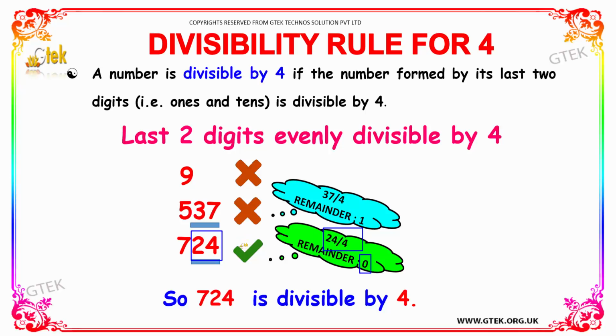So the remainder turns out to be 0 since the number is divisible by 4. So 724 is divisible by 4. So this is the divisibility rule for 4.